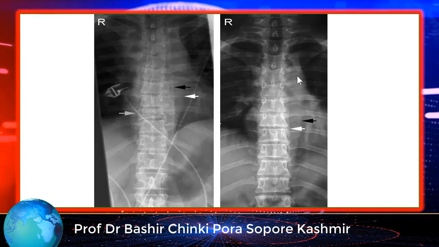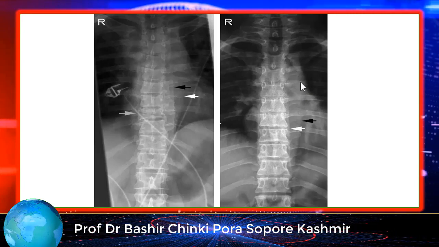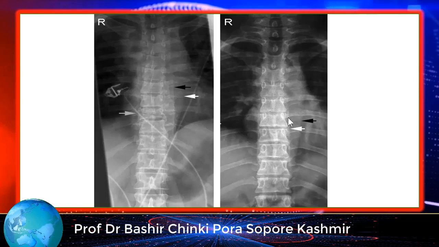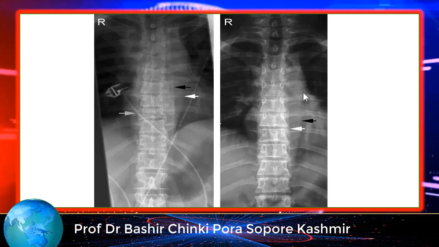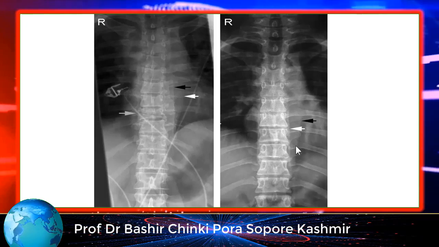You can see this light white shadow lateral to the left paravertebral strip, and this shadow is due to the descending aorta.